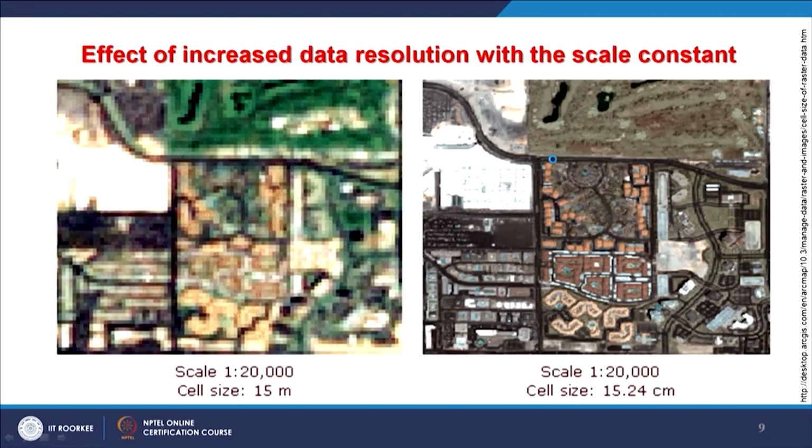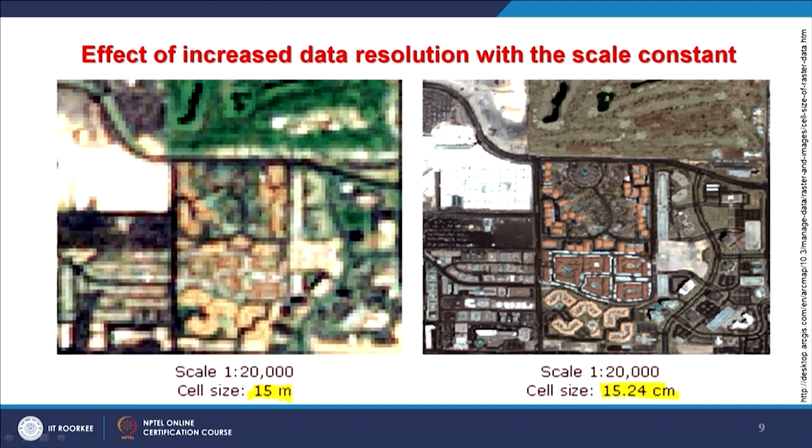In case of satellite images, visually you can see very well that these two images are covering the same area, but one has pixel size or spatial resolution of 15 meter, and here it is 15.24 centimeter. There is a change in the units, so be careful.